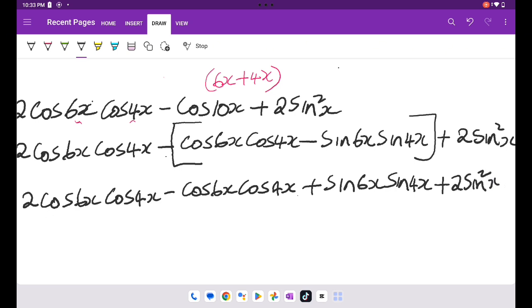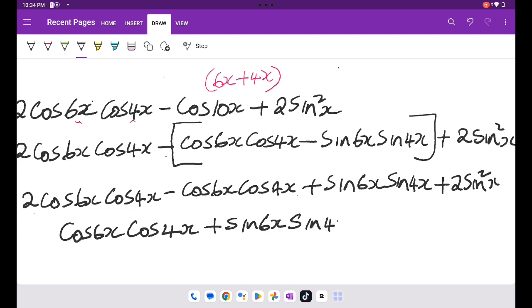Right, the first two, these are like terms. 2 minus 1 is just 1, so we will just have cos 6x cos 4x for the first two, and then plus sine 6x sine 4x, then plus 2 sine squared x.